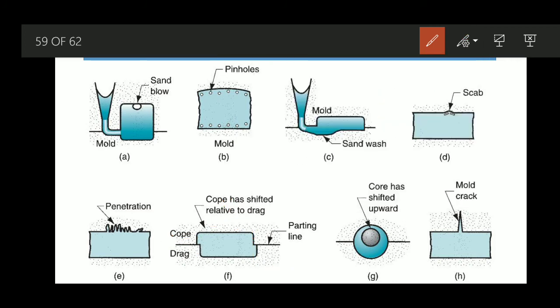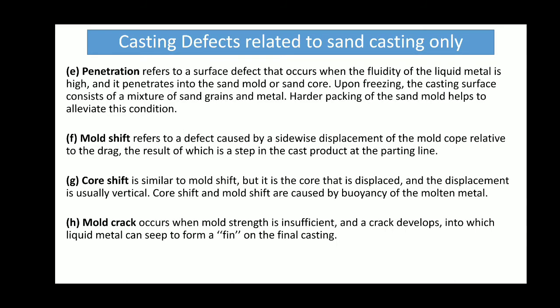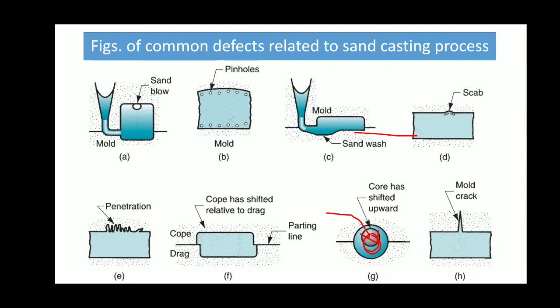Similarly, we have core shift, in which case, see, this black part is the core. Suppose we wanted the core to be here, but in this particular problem, just like in the case of mold shift, the core shifts, that means it is core displacement. Generally the displacement in most cases is partial, due to the buoyancy of the molten metal.